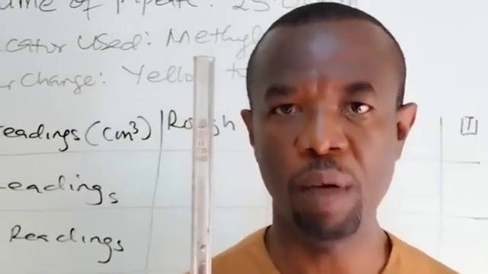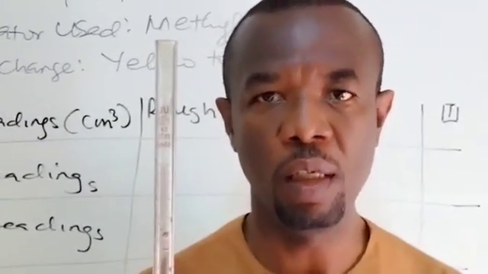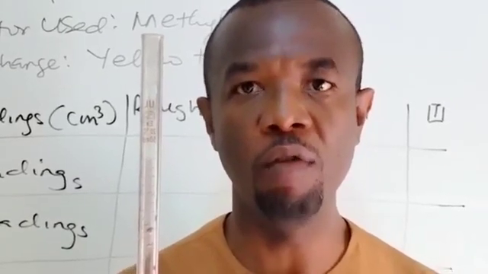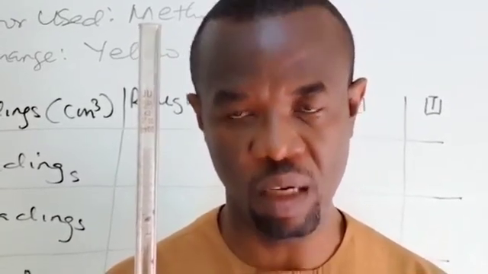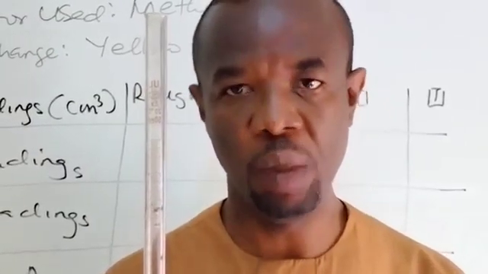So in this practical today, our focus is going to be on quantitative or volumetric analysis, also known as titration. So we're going to determine the endpoint based on the specimen provided.